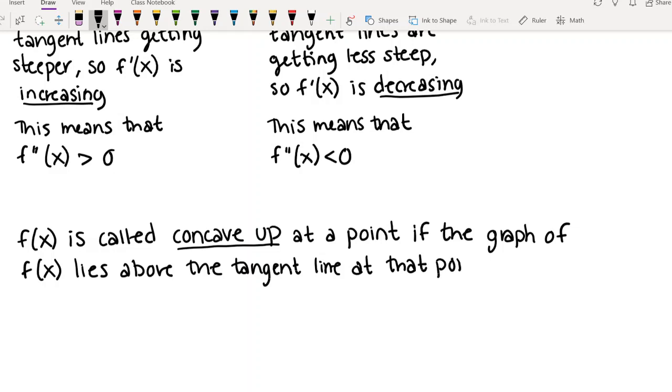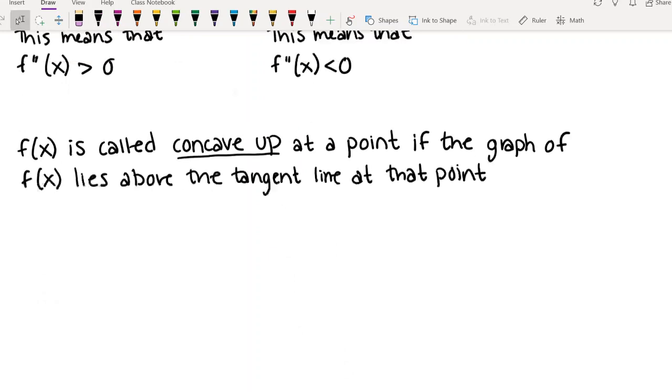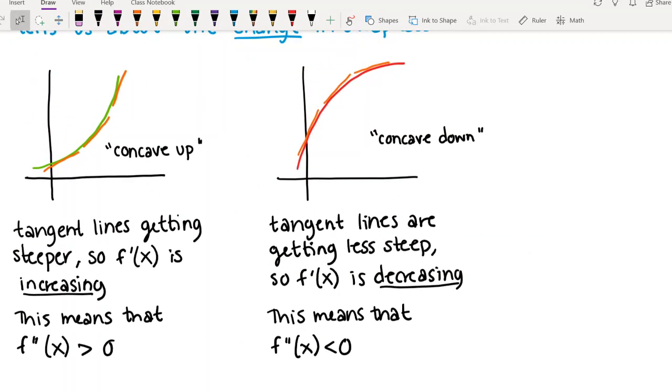So basically, if you have a graph that is concave up, let's actually just look at this example here. If you draw a tangent line, the graph is curling up away from the tangent line, right? I didn't draw this perfectly because my lines aren't really quite lines, but you can at least see that, and maybe exaggerate it in your mind, the tangent line is going to be below the graph, and the graph is going to be curling up away from the tangent line.